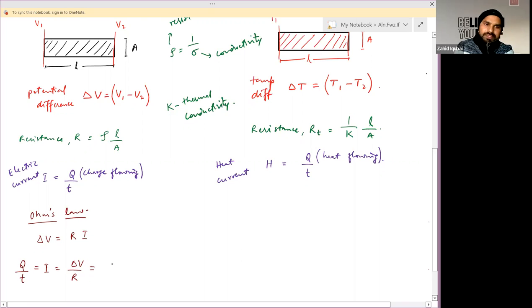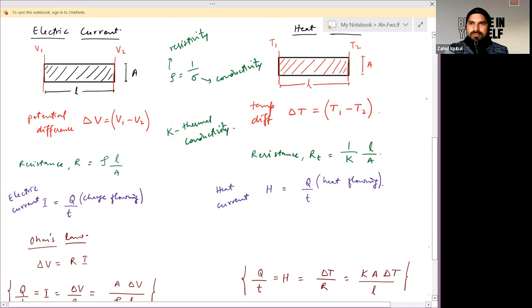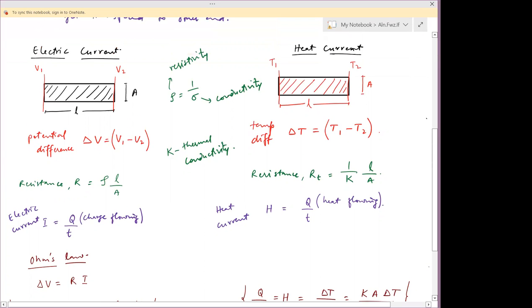In terms of voltage, it will be A times delta V divided by rho times L. Similarly, we may define Ohm's law in terms of heat current as H equals flow of heat per unit time, which equals temperature difference divided by thermal resistance, which equals K A delta T divided by L. So if you remember this particular relation like this, it will be easy for you. Ifra, any doubt? No, sir. Okay, just write it down.